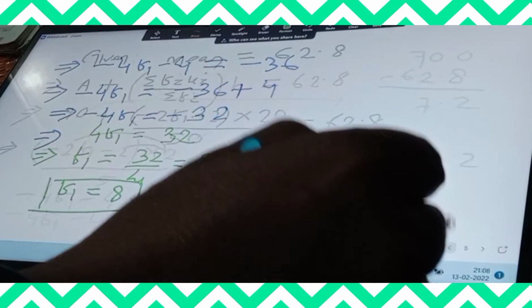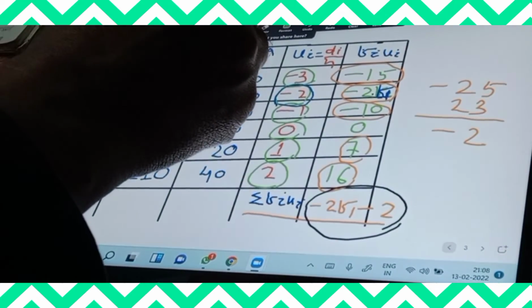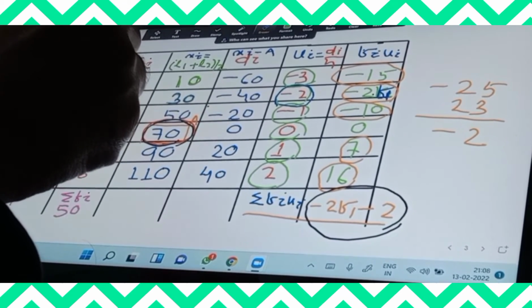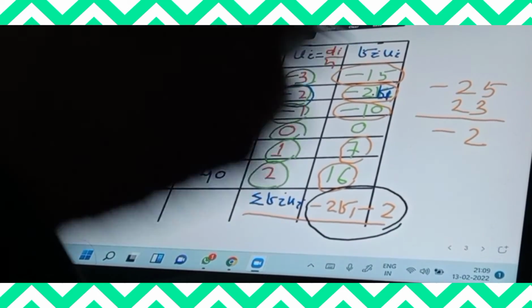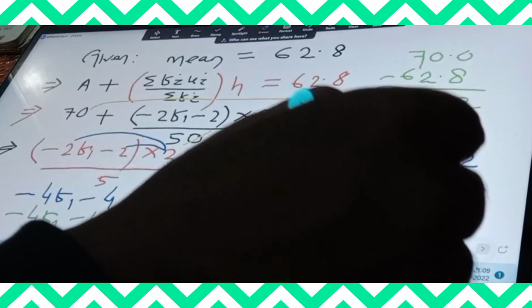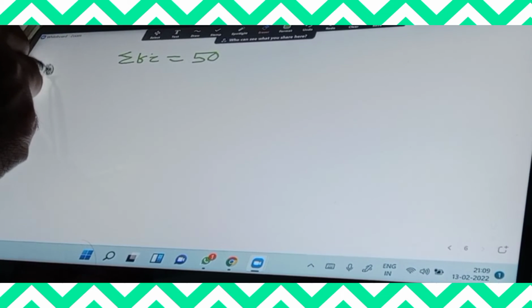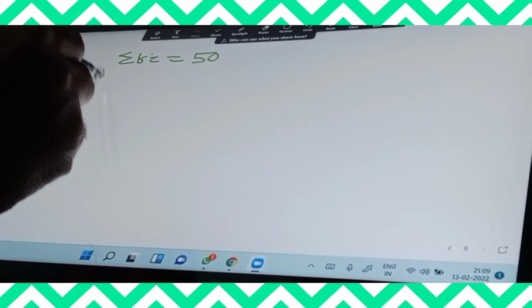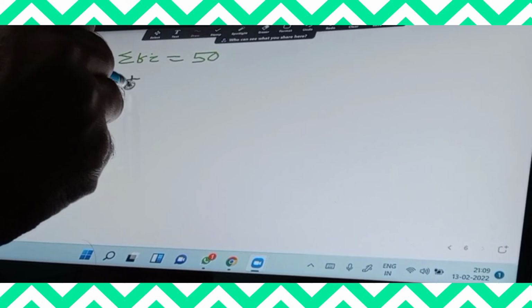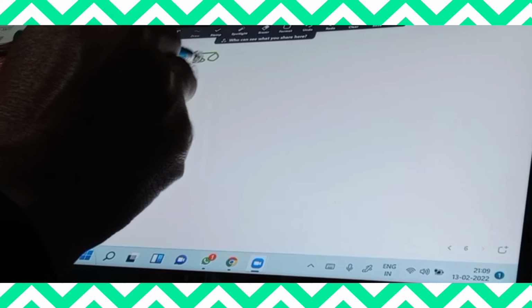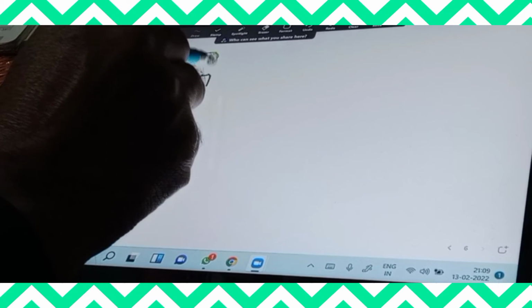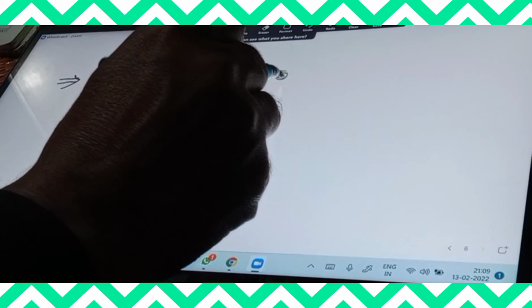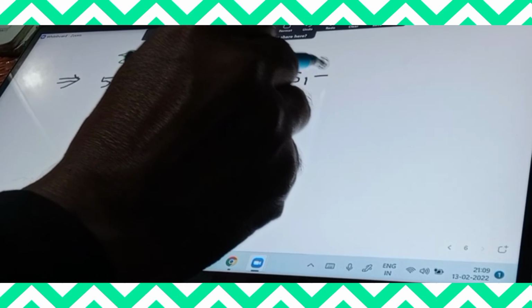Summation of fi means we have to add all the frequencies here: 5 plus 10 plus 7 plus 8 plus f1 plus f2.